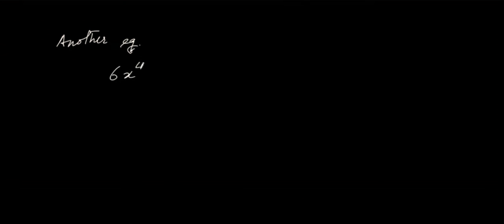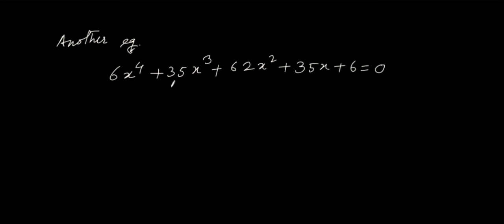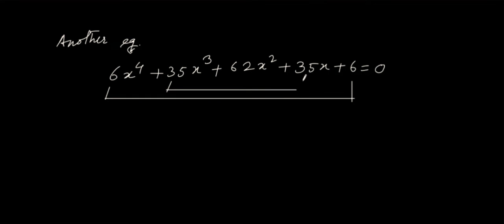Consider 6x to the power 6 plus 35x to the power 5 plus 62x to the power 4 plus 35x cube plus 6x square equals 0. See, this is a reciprocal equation of first kind, because here 6 and 6, 35 and 35, and here 62.